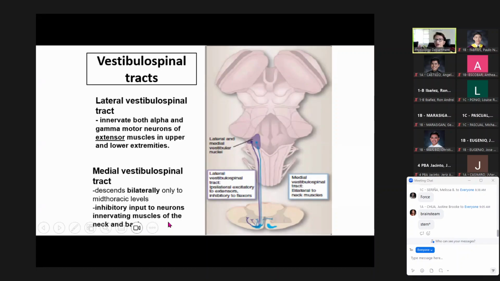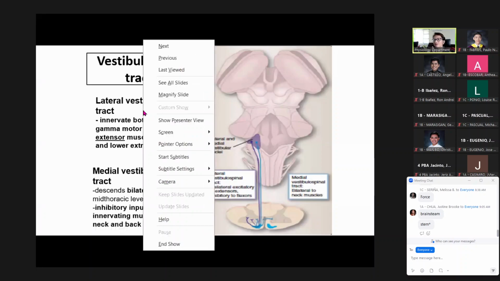Together, your lateral and medial vestibulospinal tracts will have this regulation in the control of balance. And they are specifically stimulated by head movements, because they come from the vestibular apparatus.